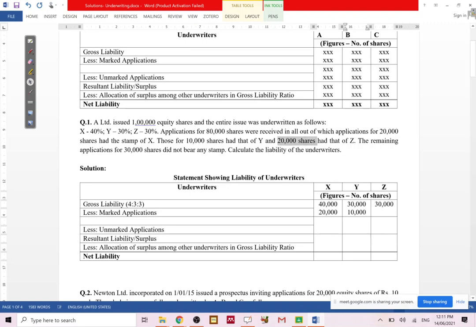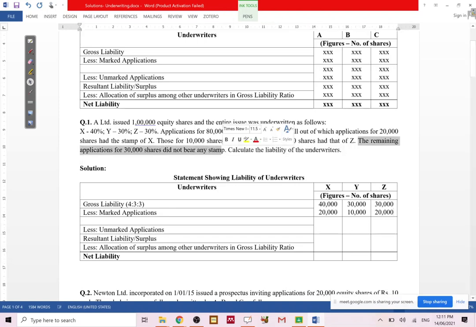And the remaining 20,000 was sold by Z. Is this clear? And they are saying the remaining 30,000 shares did not bear any stamp.